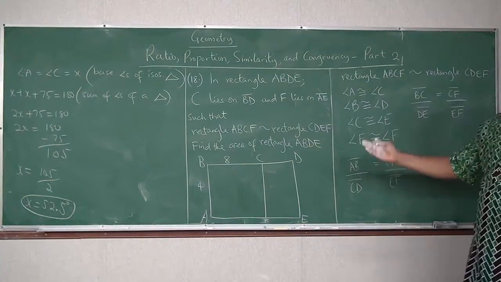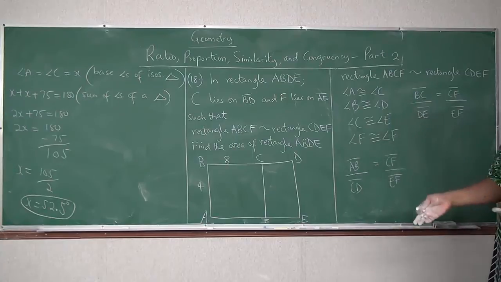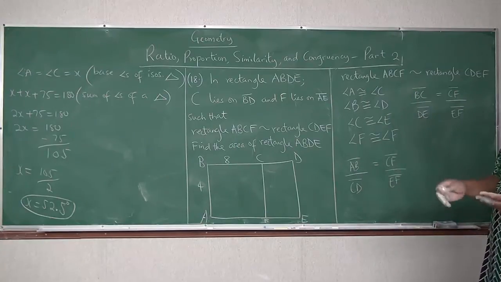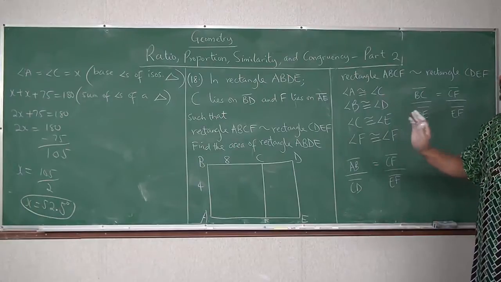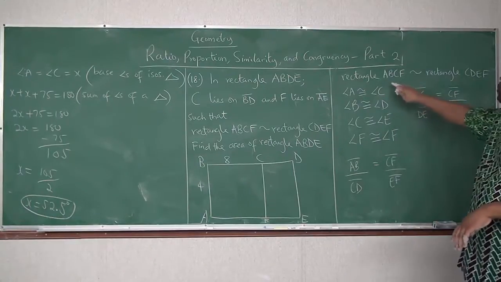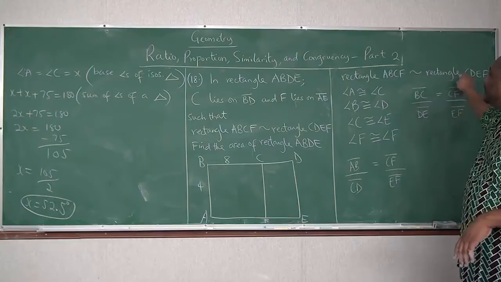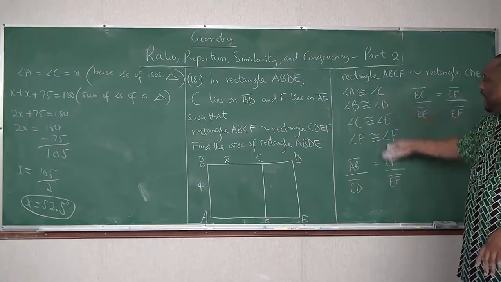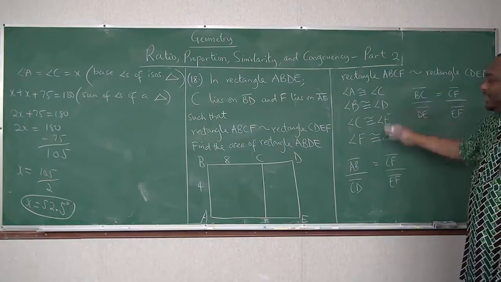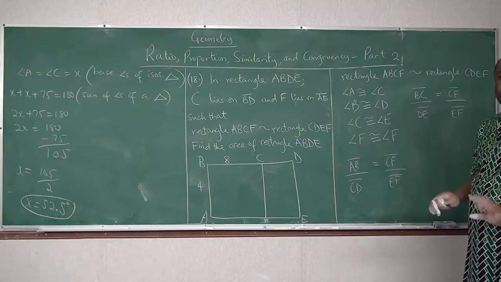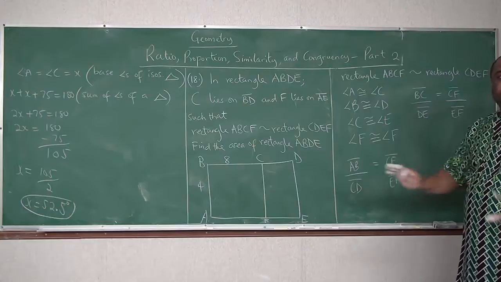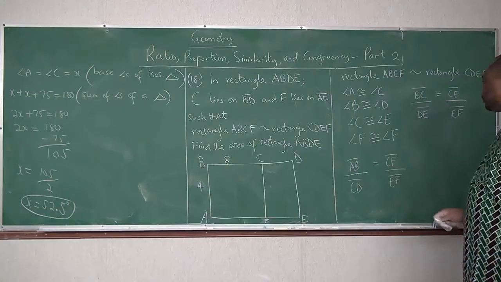But now they gave us the diagram, so we should be looking at the diagram as well, because they gave it to us. But even if they did not give us this diagram, and they told us that this is similar to this, we can write the requirements right away: the congruency for the angles requirement and the proportions for the side requirement.